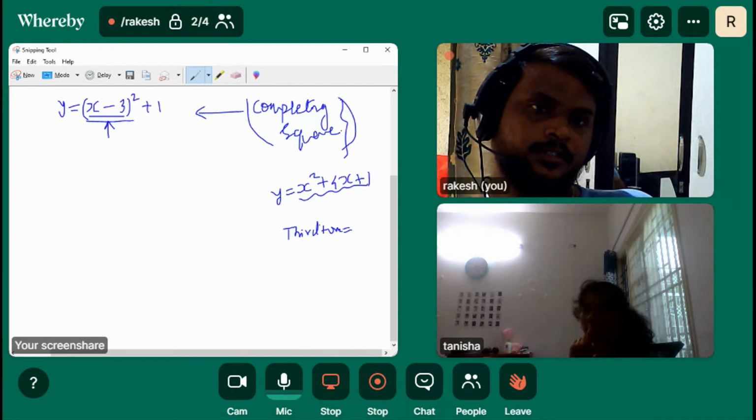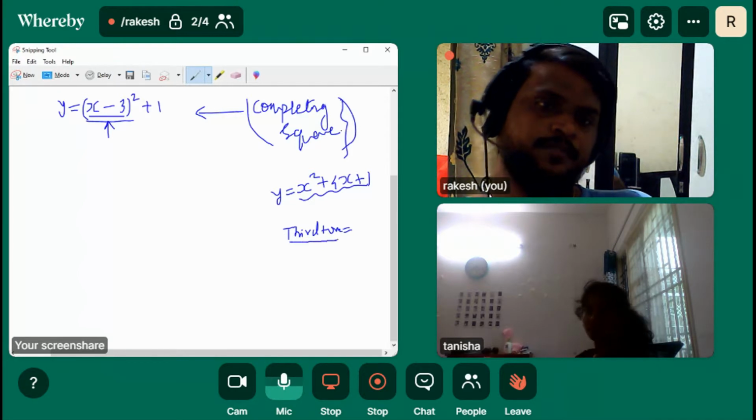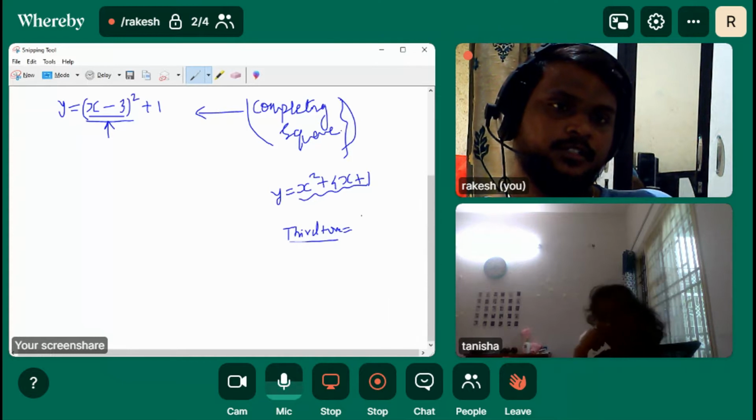First we calculate the third term. The formula for the third term is the middle term square divided by 4 into the first term. We are given the first two terms, so the question is always about the third term.